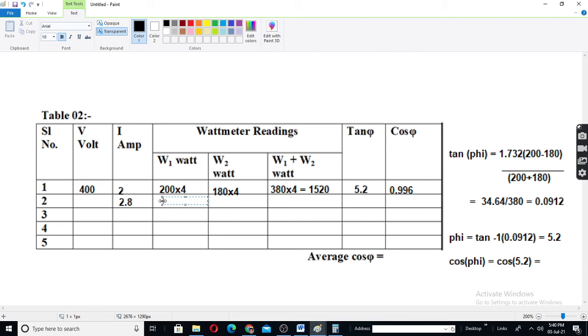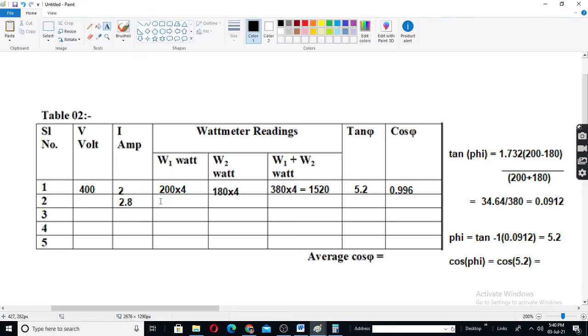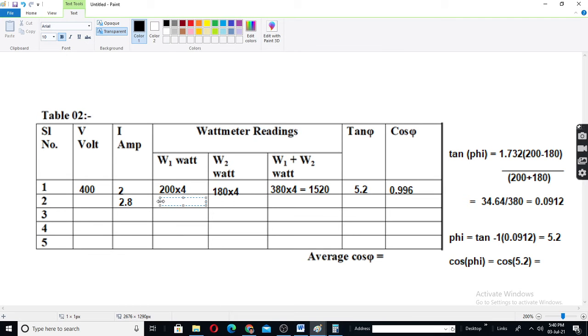Since you are switching on three 200 watt lamps, there will be a 600 watt boost. So around here you will get around 250 or 240 into 4.